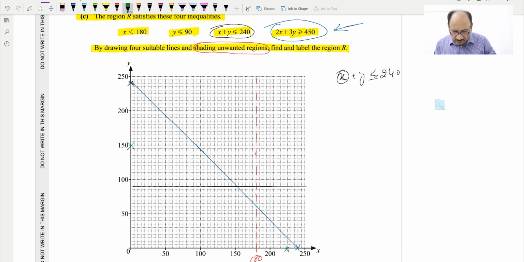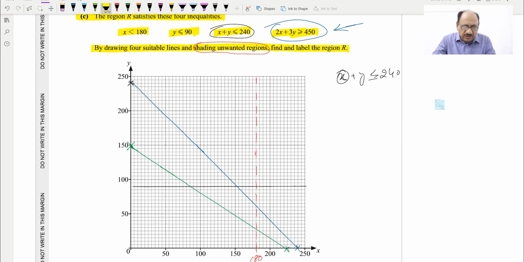Hopefully you understand this. So we will be drawing like this one, and this is done up to this one. So these are the lines. Now we need the region basically, and we need to understand first equation is x is less than is required, so greater than is unwanted region.